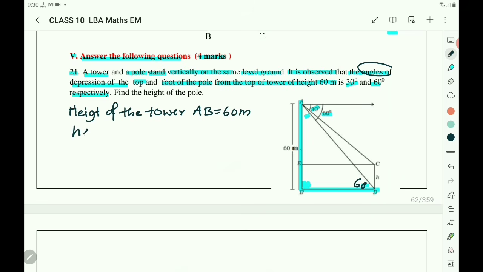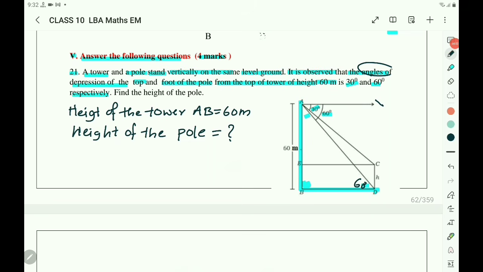What is asked here? What is to be found out? Height of the pole is to be found out. Put question mark.